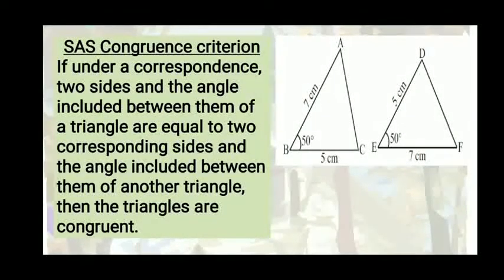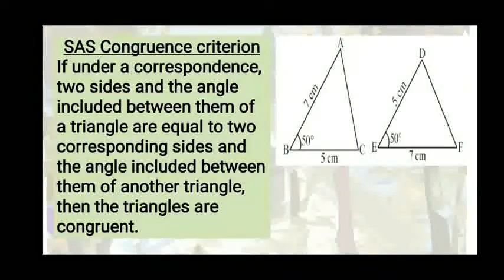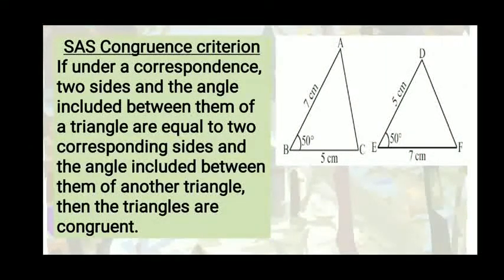Now the correspondence is between A and F, B and E, C and D. Therefore the triangles are congruent by the SAS test. The name of the triangles is ABC and FED. That's what we mean by correspondence. The angles and the vertices which are corresponding to one another, we have to name in such a manner.